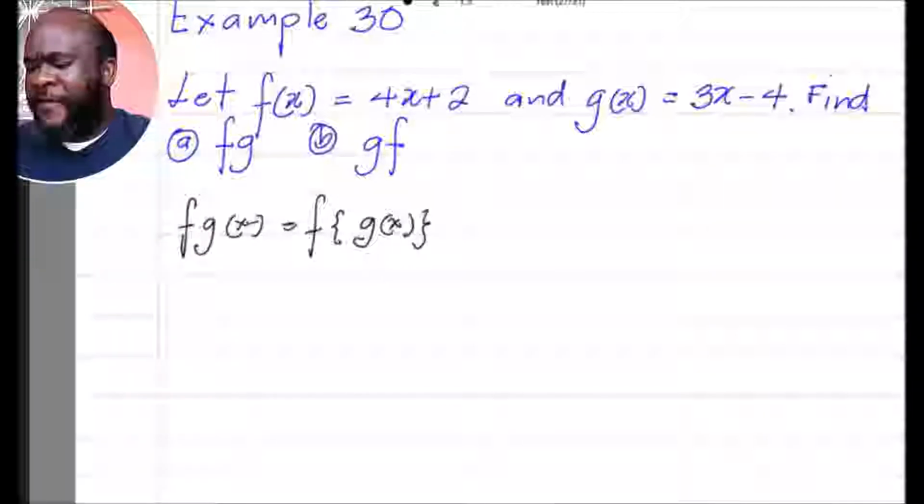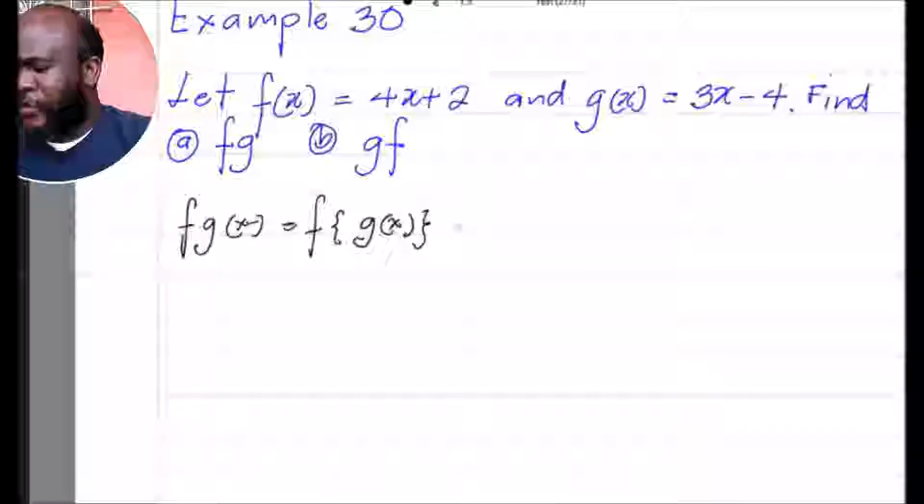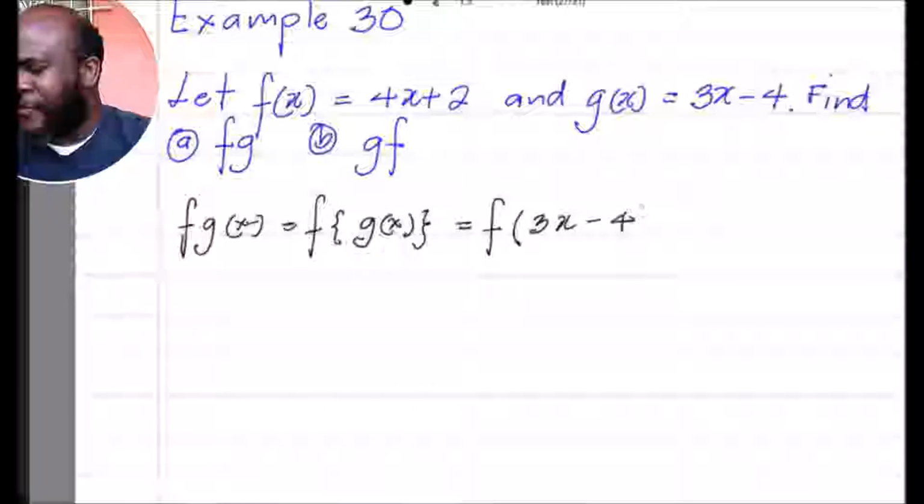So f of g of x is a function in which the range of g is equal to the domain of f. So in other words, this is equal to f, and inside I'm going to have g of x, which is 3x minus 4.